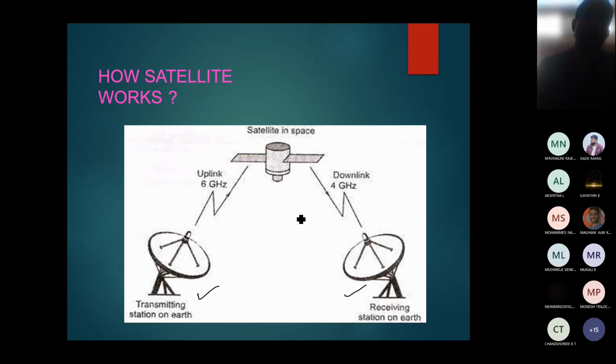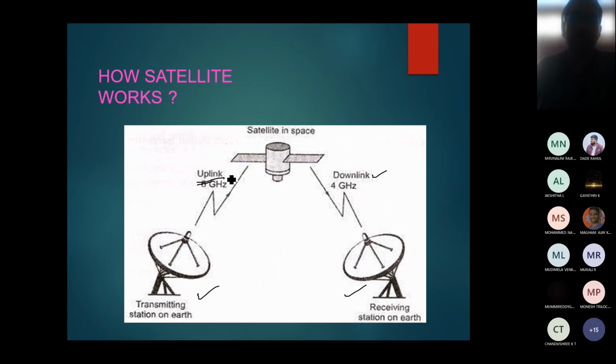When we are transmitting some information from the ground station to the satellite, we name that link the uplink. And when we are doing the reverse, that means when the ground stations are receiving some information or signals from the satellite, that link is called the downlink.